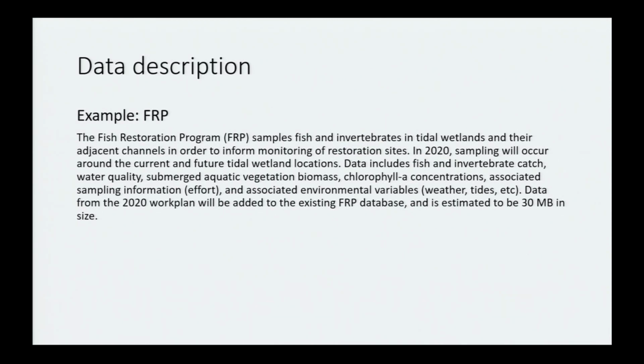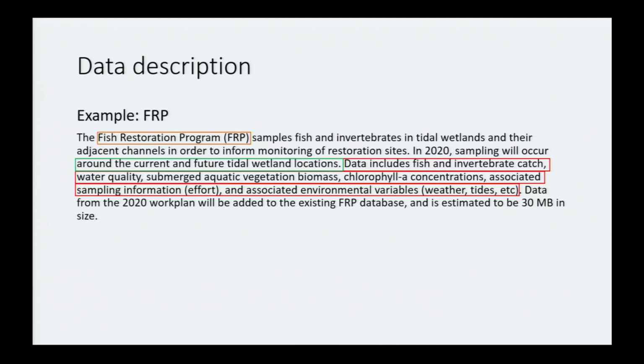So, for the Fish Restoration Program, we got the who, what, where, when, how much. Fish Restoration Program is who, samples fish and invertebrates in tidal wetlands, et cetera, et cetera. Data includes fish and invertebrate catch, water quality, vegetation biomass, chlorophyll A. So this is the what. It has the where.